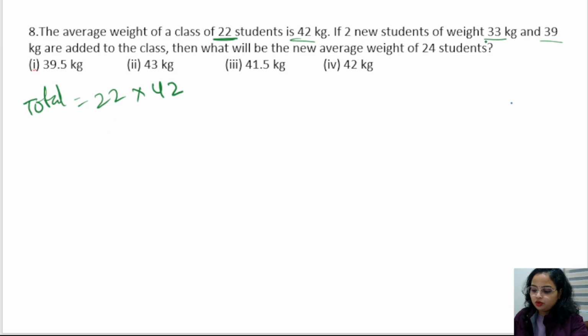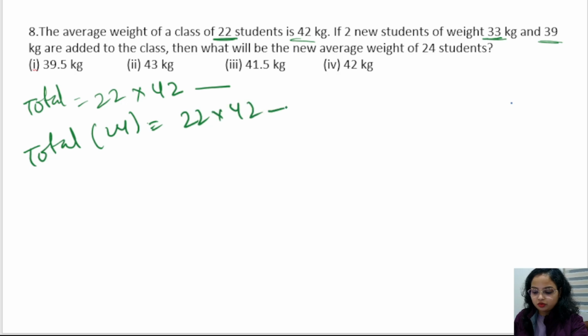If two new students of weight 33 and 39 are added, so the total weight of 24 students is 22 into 42 plus 33 plus 39.